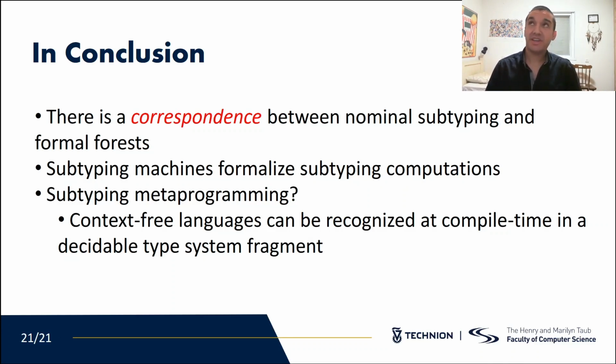There may not be many opportunities to use subtyping machines in a real program, but still, we showed that context-free languages can be recognized at compile time in a decidable type system fragment, which is a nice contribution to the academic study of fluent APIs.